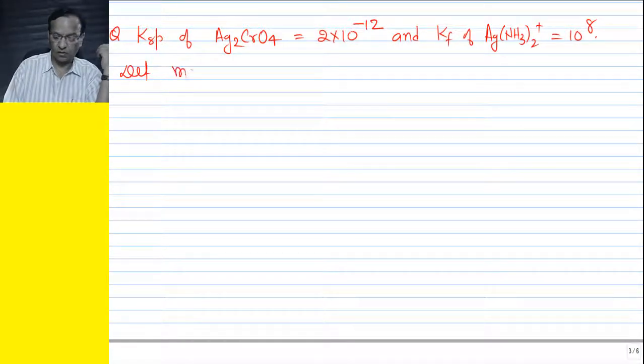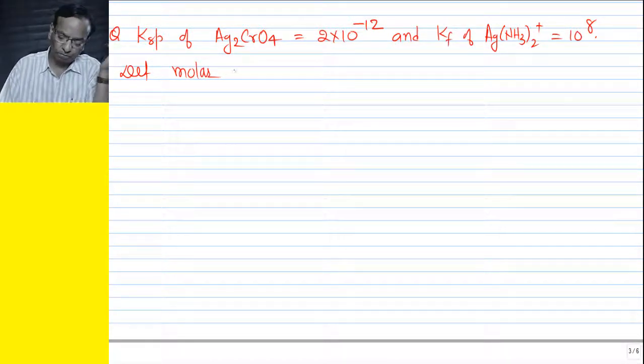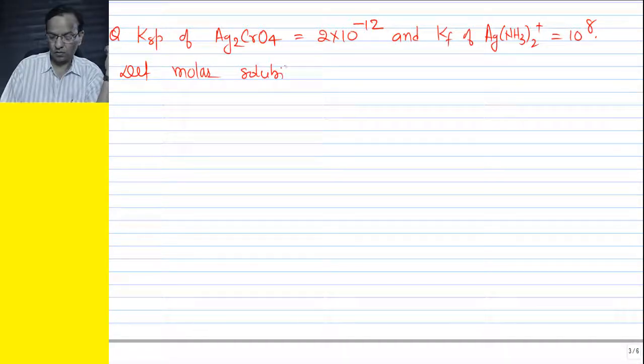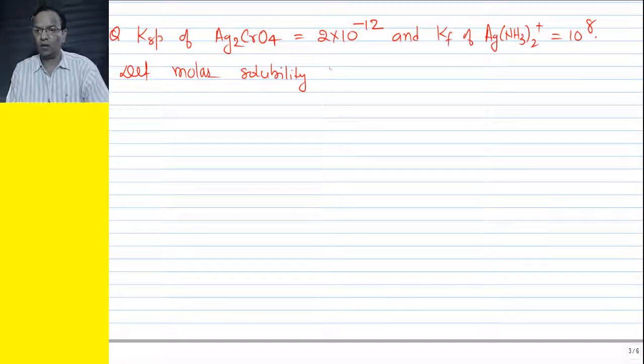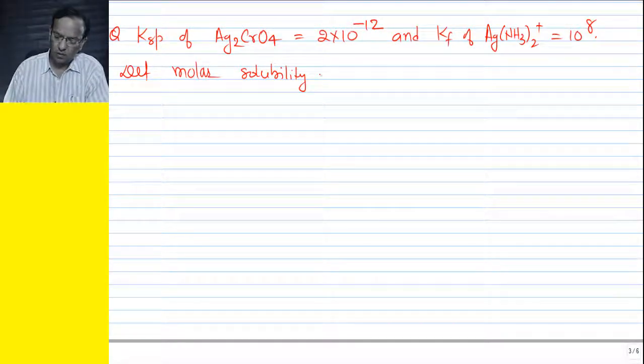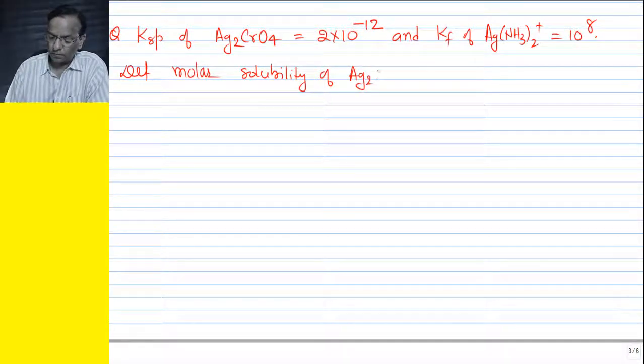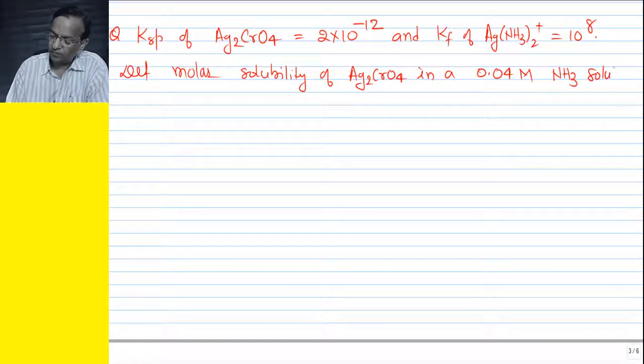Determine the molar solubility of silver chromate in 0.04 molar ammonia solution.